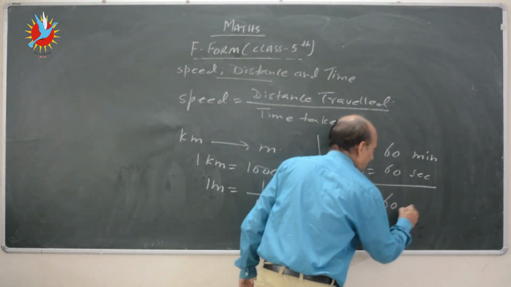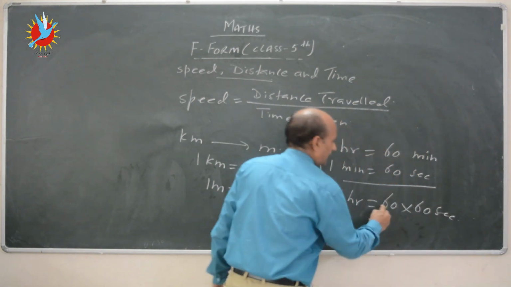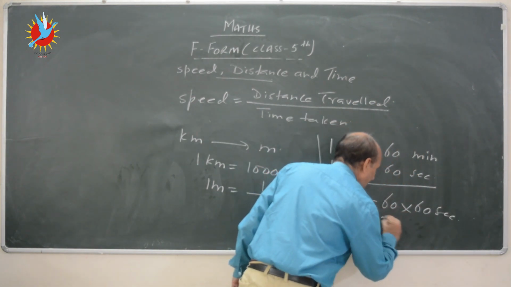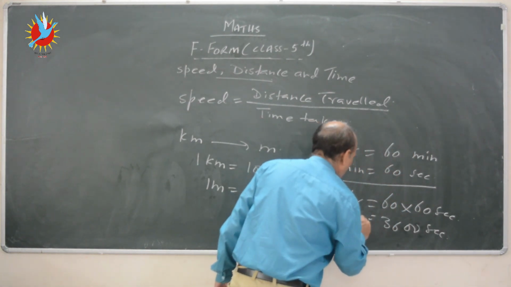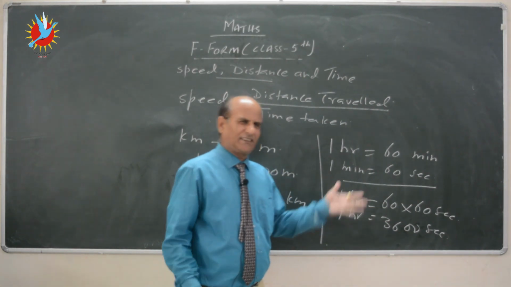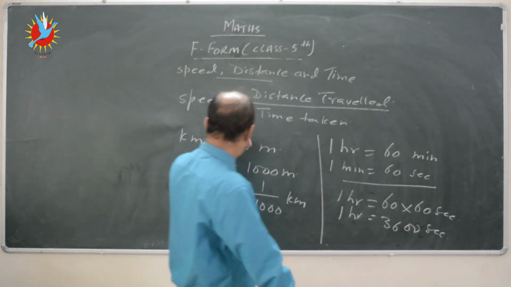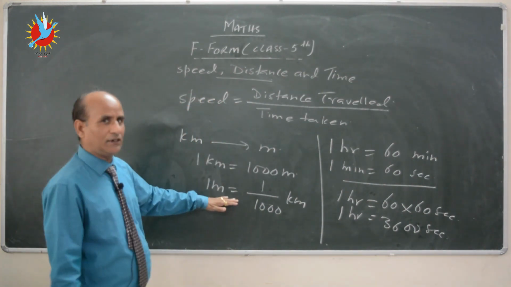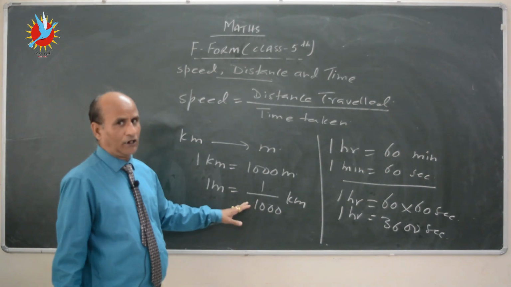So it is 60 into 60 seconds, that is 3600 seconds. This is the relation between hour and seconds. Basically this much is not required in your class, but you have to know how to convert kilometer in meter or meter in kilometers.